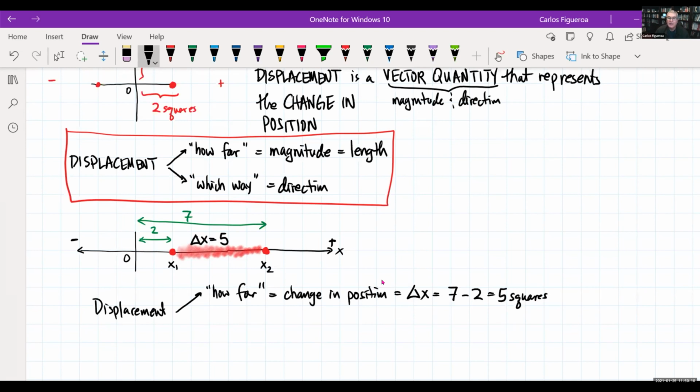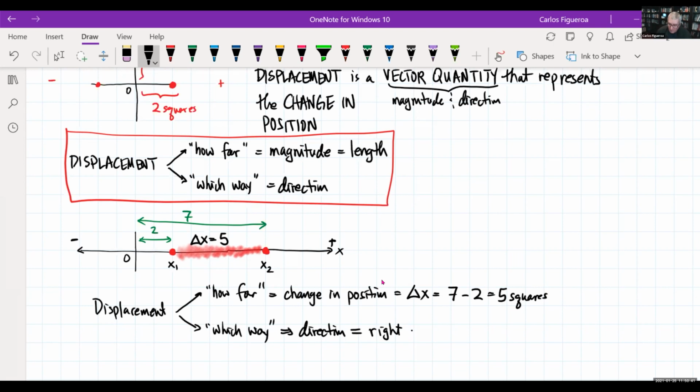Now note, that does not tell me whether I changed 5 squares to the right or to the left. I need an additional piece of information to tell me which way. So this tells me the direction. And the direction, what we said here is the right direction.